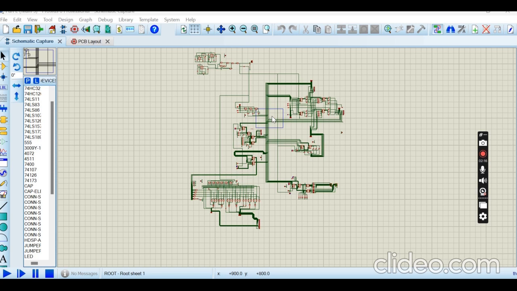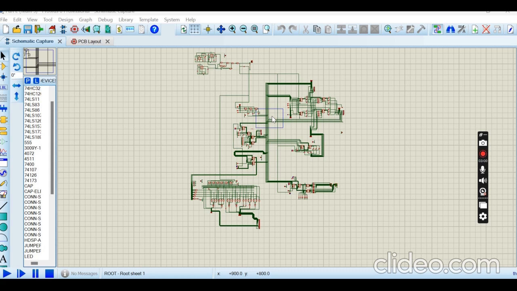We are using two registers, register A and register B. Register A is the accumulator, and we have register B. Both are 6-bit registers used for storing the data for the ALU operation, meaning they store the data for the arithmetic and logic unit to carry out both addition and subtraction.